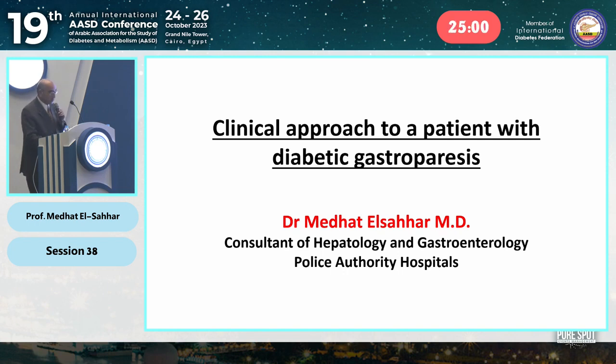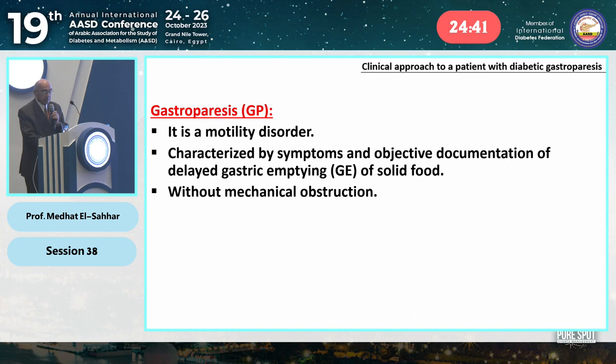Thank you, Professor Mohammed. Thank you, Professor Ines, for your invitation. When a patient comes to a GIT clinic and he has diabetes, the gastroenterologist has to interpret the symptoms of the patient in the background of being a diabetic patient.